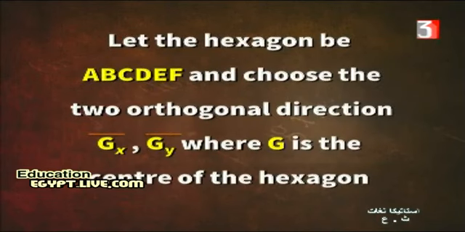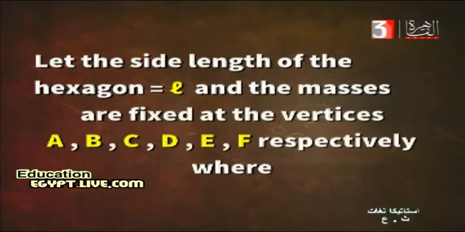We let the hexagon be A, B, C, D, E, F and choose the 2 orthogonal directions Gx, Gy, where G is the center of the hexagon. We let the side length of the hexagon be L. The masses are fixed at vertices A, B, C, D, E, and F respectively.